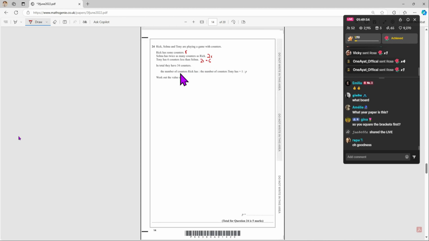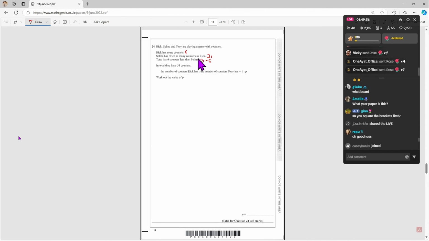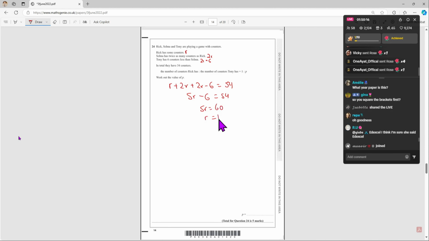Now I'm going to put this into one equation to work out the value of R. So we have R plus 2R plus 2R minus 6 is equal to a grand total of 54. You would simplify this to 5R minus 6 equals 54. That would be 5R is equal to 60, which means that R is equal to 12. So we work out the value of R.